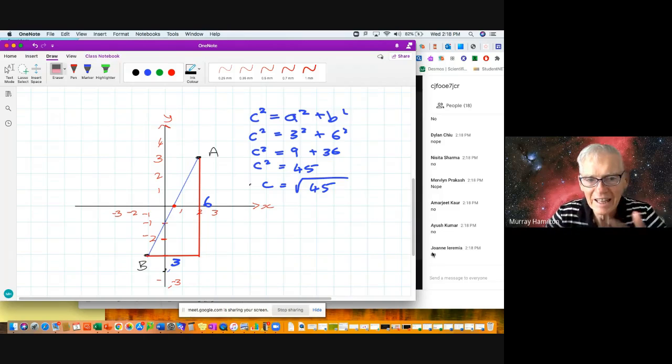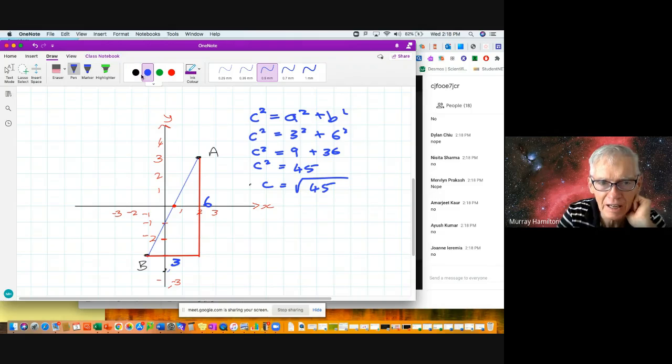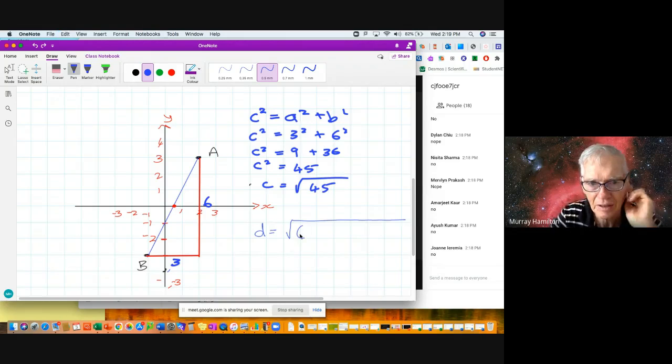Okay, that's the distance. Now there's a formula for distance, and the formula is actually based on Pythagoras' theory. It's called the distance formula, and it equals the square root of, now see we had to square root something, and to get the distance along here, I had to go x2, that's my second x value, minus x1.